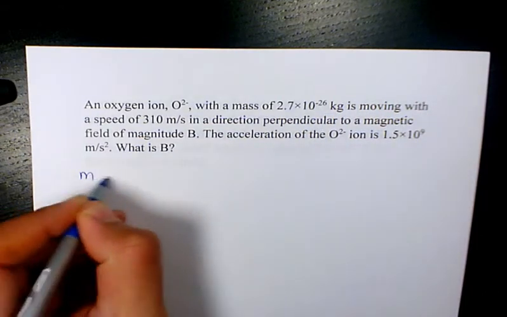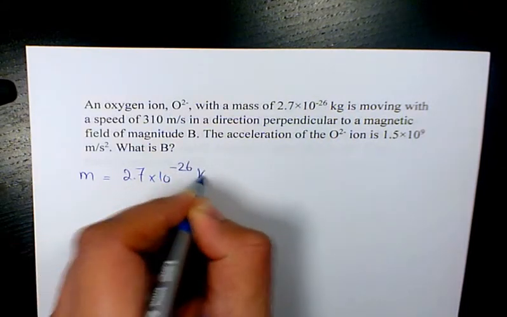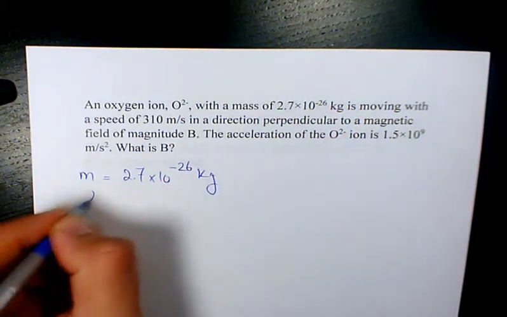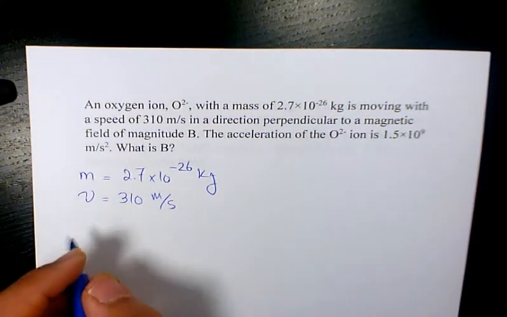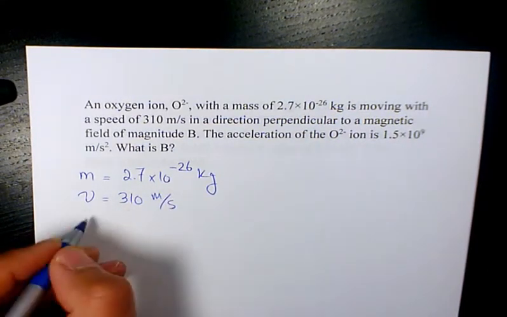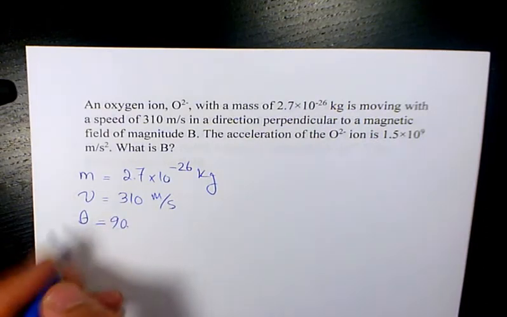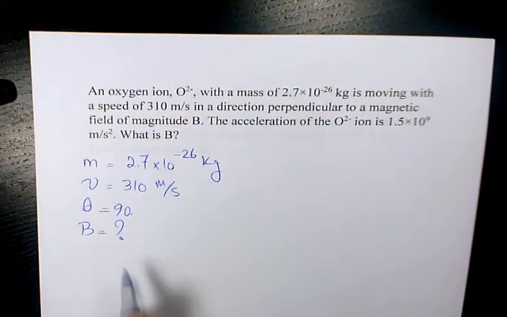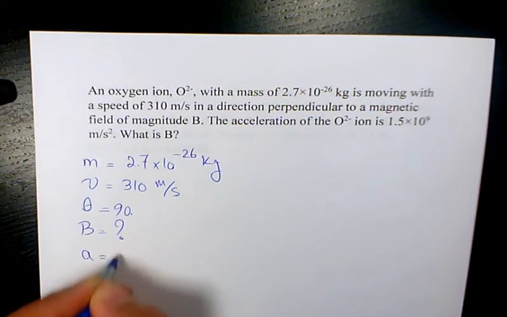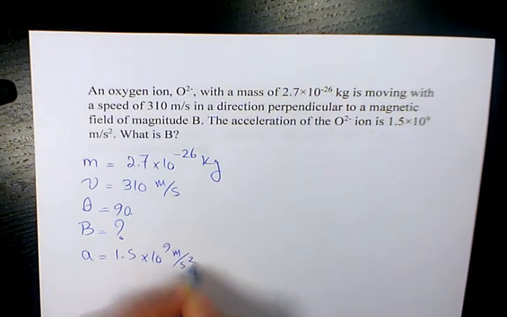kilograms. So M is 2.7 times 10 to the power of negative 26 kilograms, is moving with the speed of 310 meter per second in direction perpendicular to the magnetic field of magnitude B, which is not given because it says what is B. The acceleration is 1.5 times 10 to the power of 9 meter per second square.